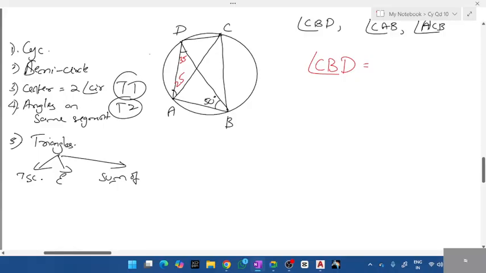Why CAD? Same what? So which is the arc here? DC is the arc.